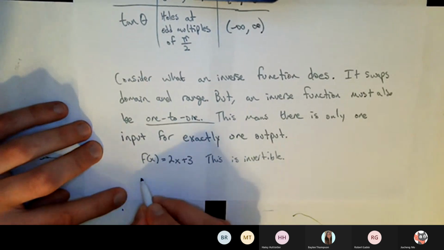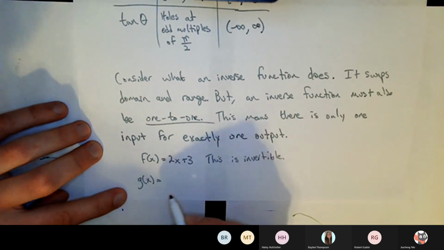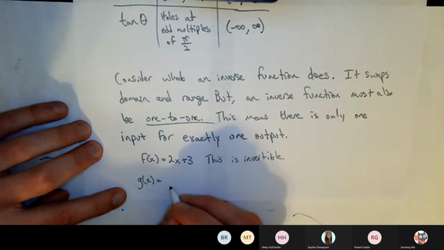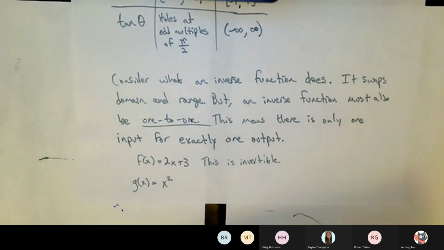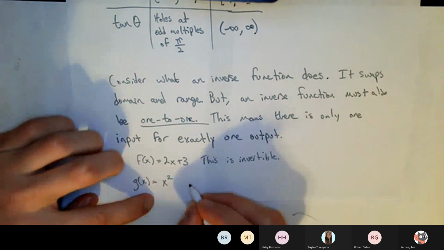An example of something that's not invertible, so it's sometimes easier to talk about something that's not invertible than something that is, the x squared graph. Why is this not invertible?